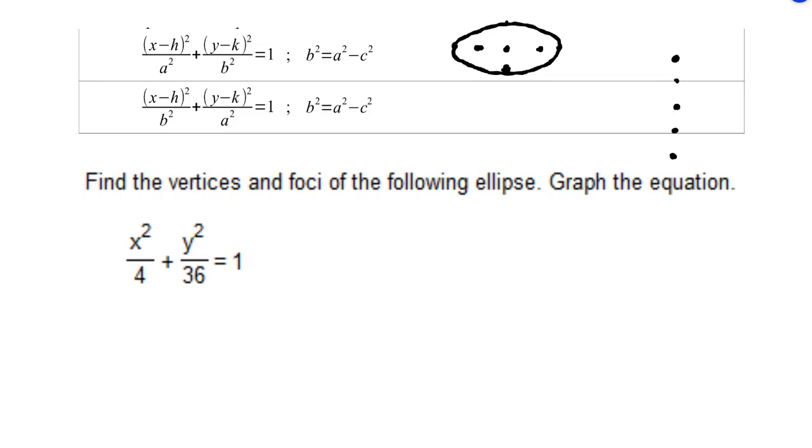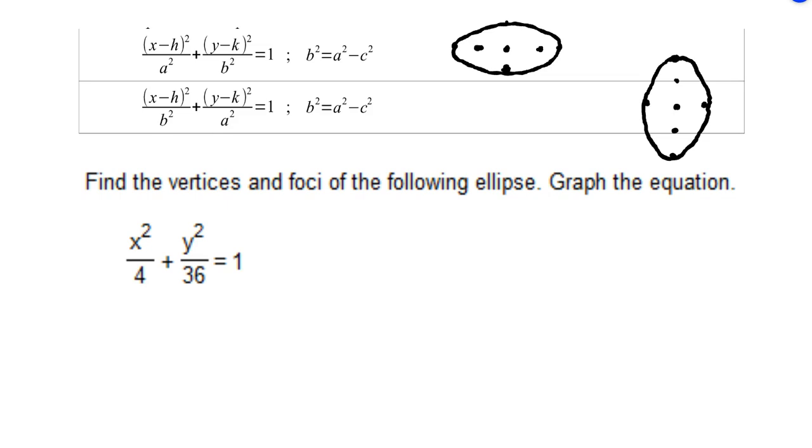And then going perpendicular to that, we would have a distance of b away, our vertices along the minor axis. And this would be a sketch of our ellipse that's oriented vertically, or has a major axis that's vertical.